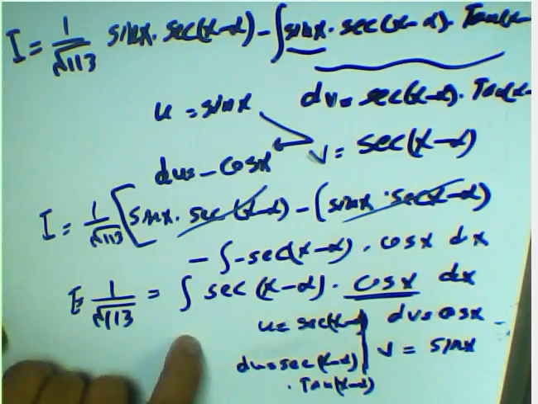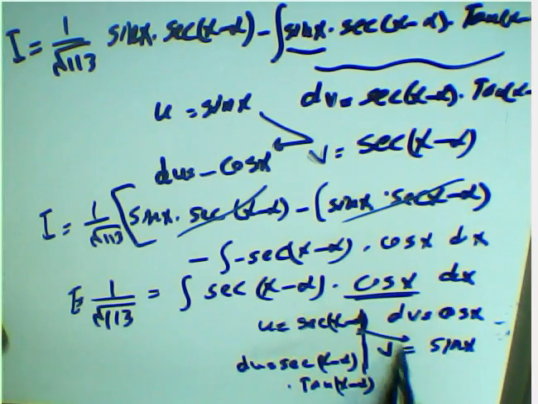And put the cross between them, subtract the integration of sine x multiplied by sec x minus alpha multiplied by tan x minus alpha.